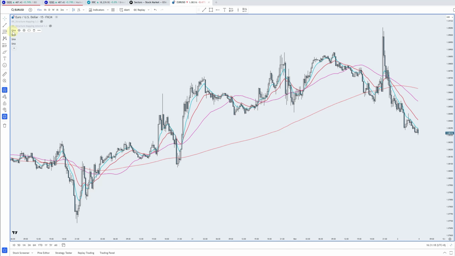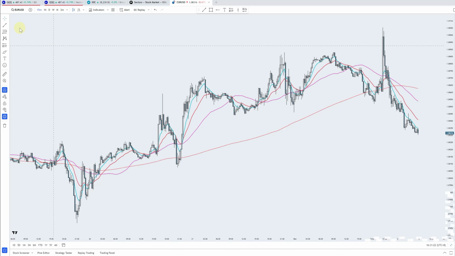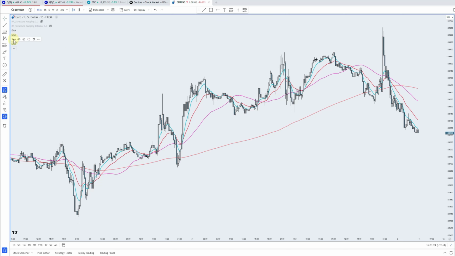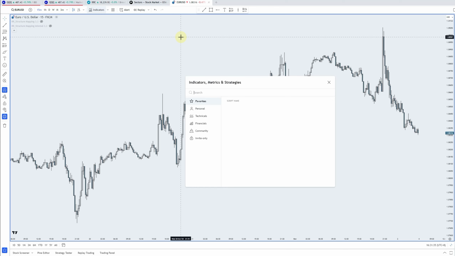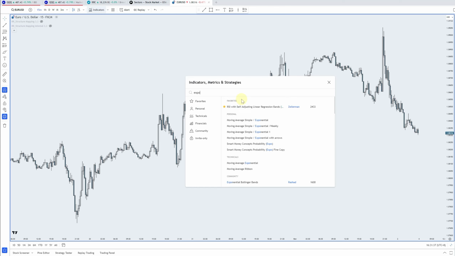So I think some people, if they are using the free TradingView, cannot plot 4 moving averages like this. So for them, I can give one study, and it has all 4 moving averages.